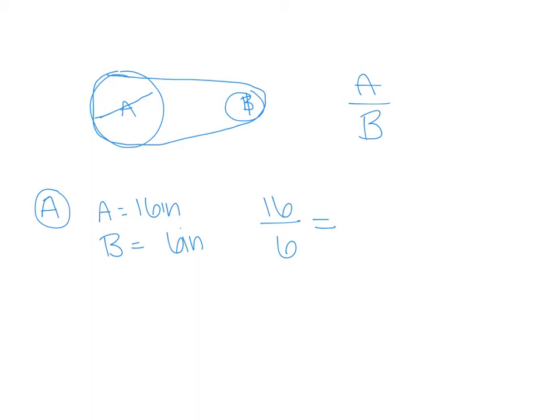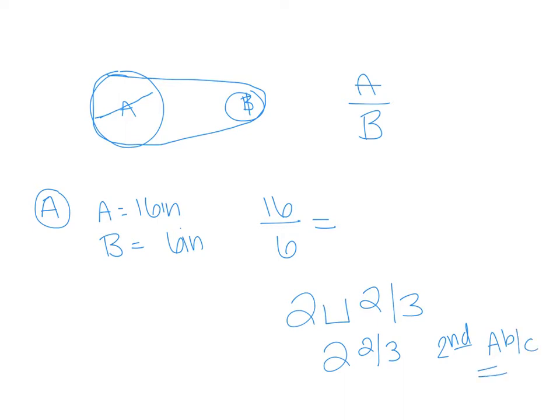If you are using your ABC key, it probably gave you something that looks like 2 and 2/3. This just means 2 and 2/3, but we would want our answer as an improper fraction. So if you press second, then the ABC key, and then equals or enter, you get 8/3.